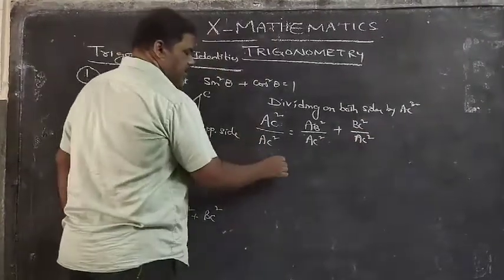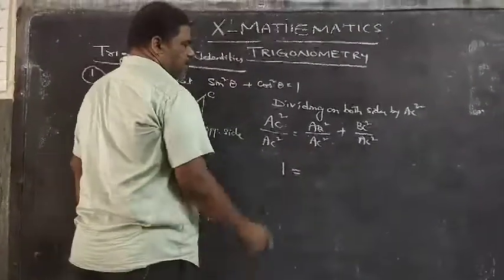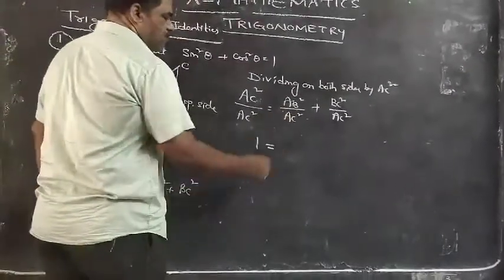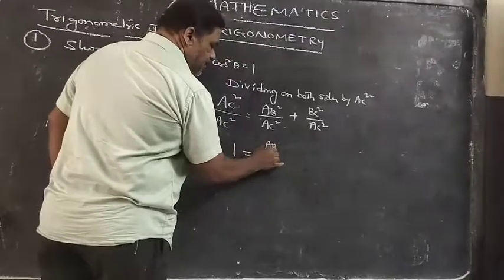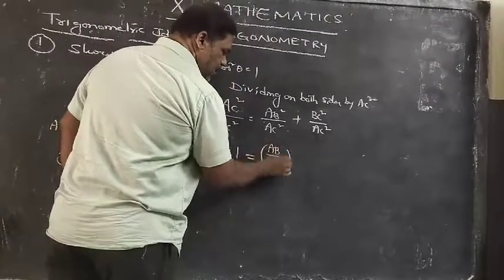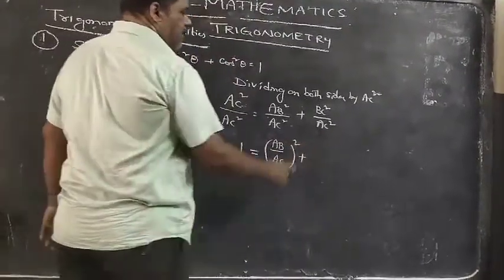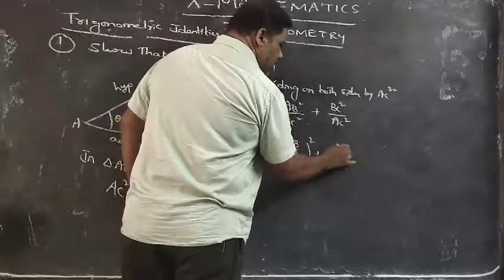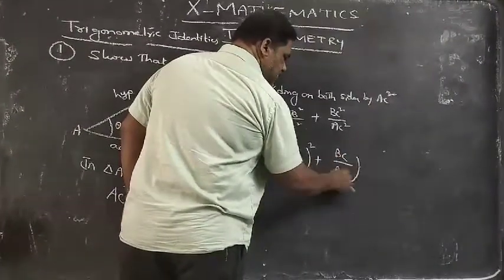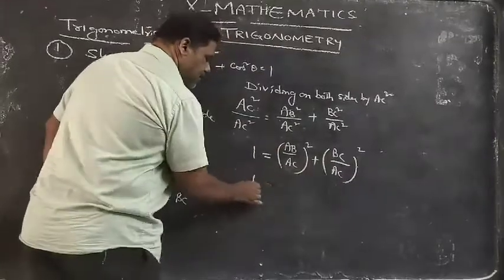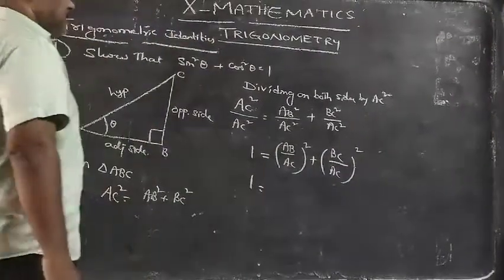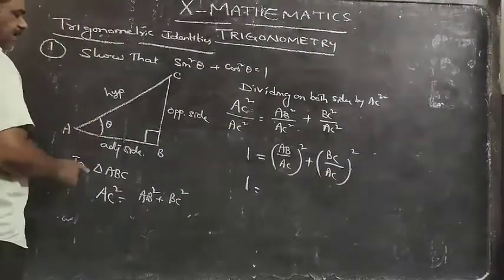Here AC square by AC square will become 1. This AB square by AC square you can write like this, AB by AC whole square, both are having square. BC square by AC square you can write BC by AC whole square. Now let us see what is AB by AC in this right angle triangle.